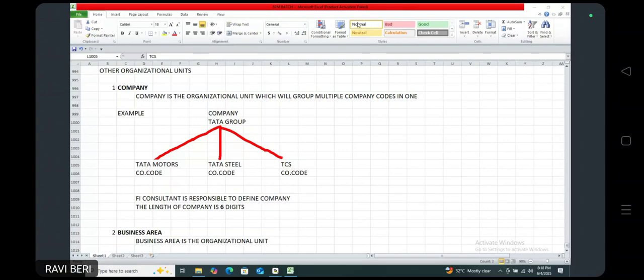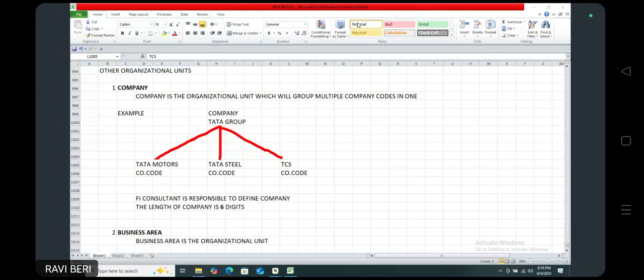How can we take that name as a company code? When you define a company code, you have two lines in the address name. You can use the second line also if the name is more. If the name is not sufficient in a single line, you can use the second line also.